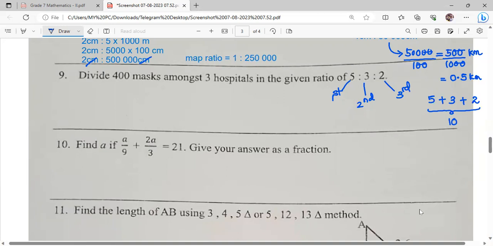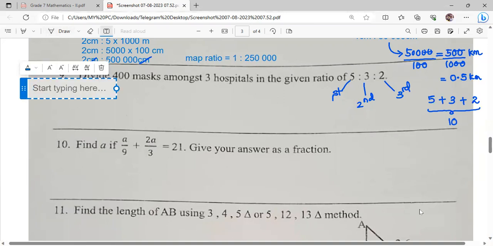Out of 10 marks, I will give 5 marks to the first hospital, 3 marks to the second hospital, and the remaining 2 marks to the third hospital. So that is my ratio, the percentage. So then the ratio, the numbers.